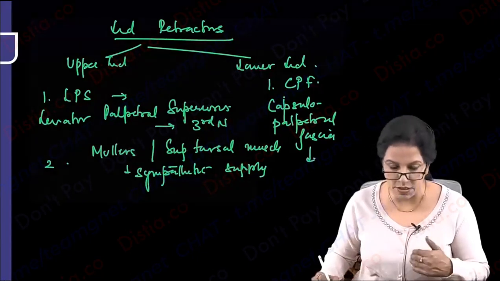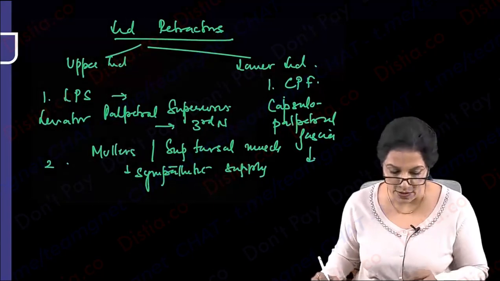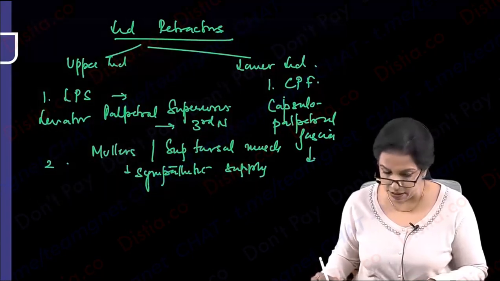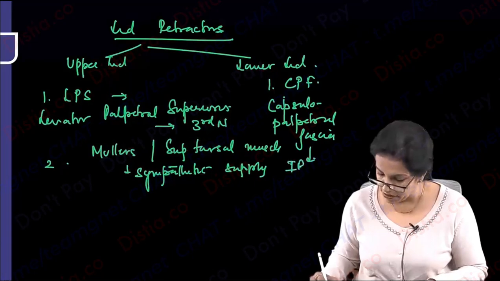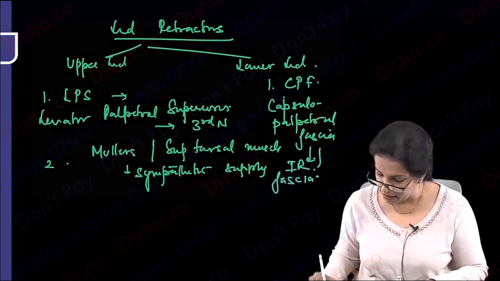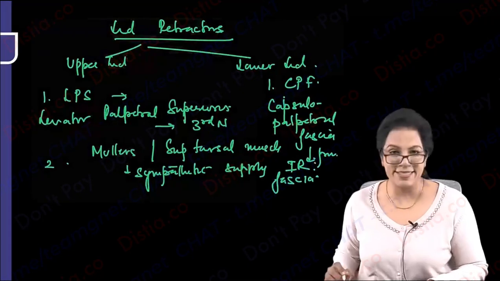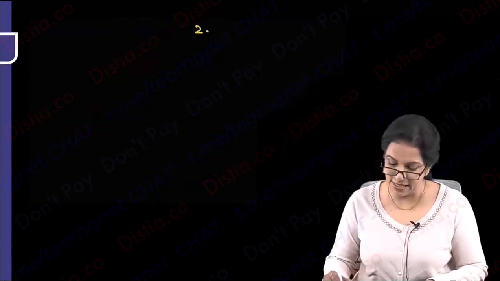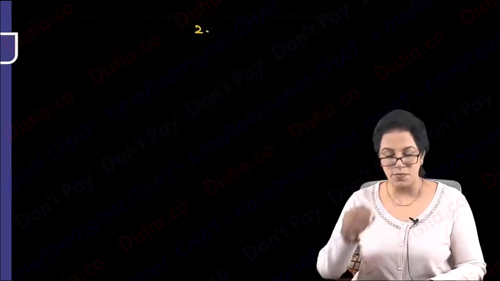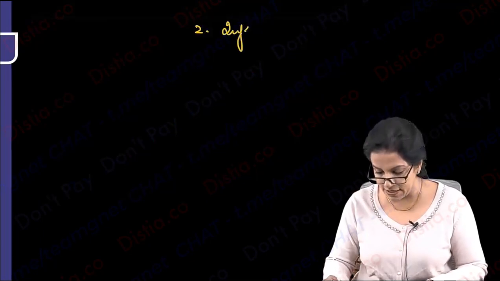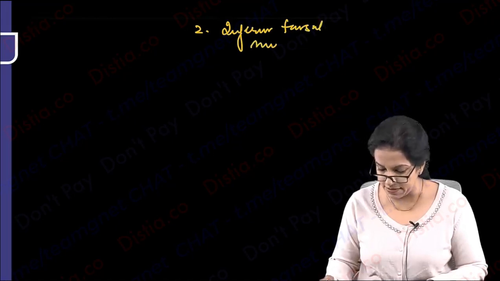So this is coming from the inferior rectus muscle, I mean, from the inferior rectus fascia. What is the next retractor here? Second, corresponding to the superior tarsal, this time we will say inferior tarsal muscle.